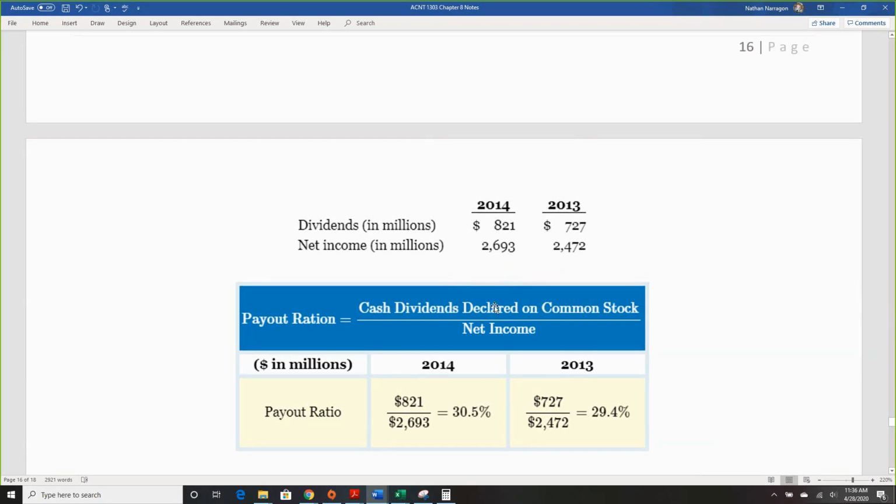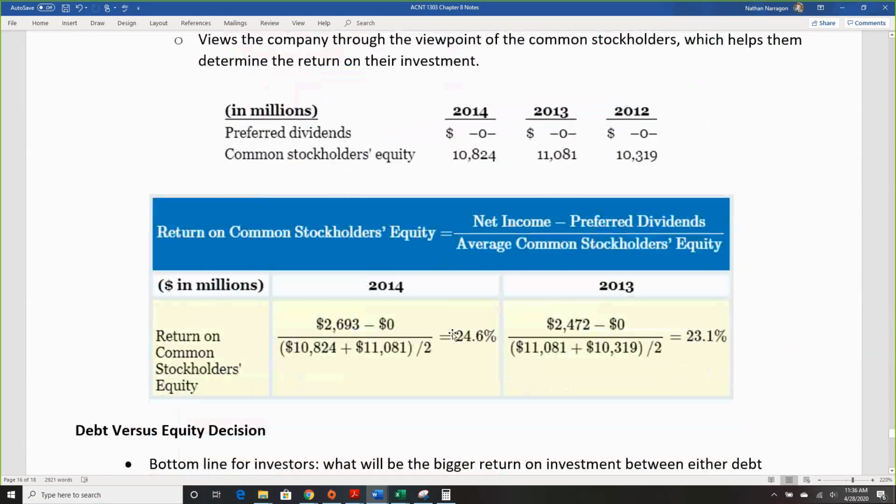That's where they got 2,693 minus 0 for preferred dividends, divided by 2014's ending plus the ending of 2013, which is again the beginning of 2014 equity, divided by 2. Always do this formula on the bottom first. If you don't, you're going to get a strange number.